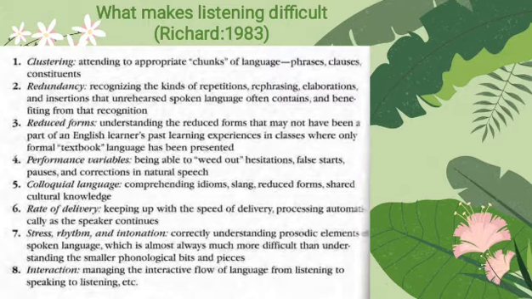And the third, reduced forms, understanding the reduced forms that may not have been a part of an English learner's past learning experiences in classes where only formal textbook language has been presented. And the next, performance variables, being able to weed out hesitations, false starts, pauses, and corrections in natural speech.